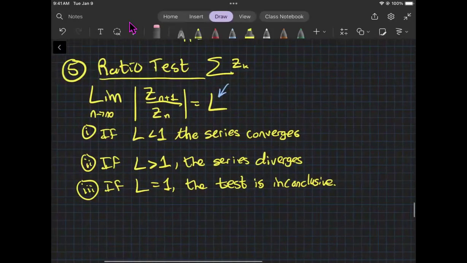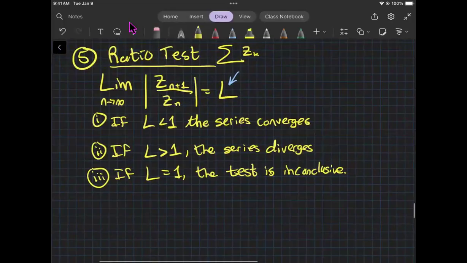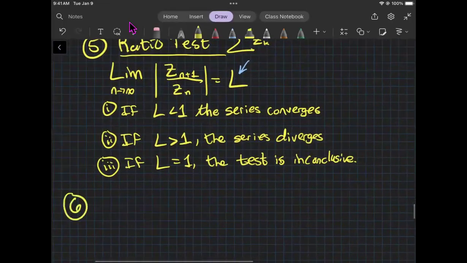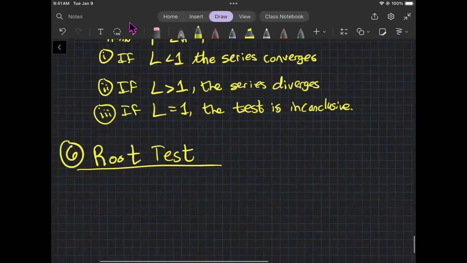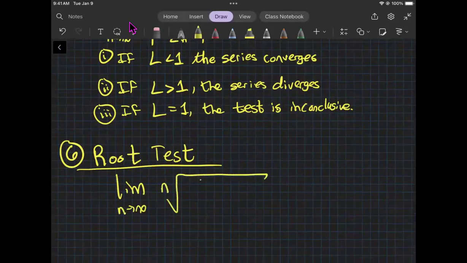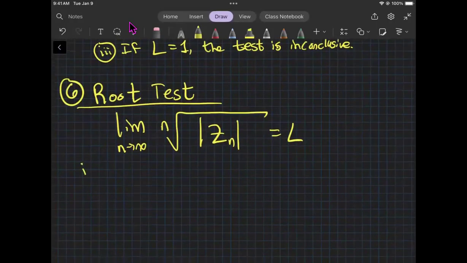I'll also say the last test that I'll write out is the root test. The root test, okay? And this looks at the limit as n goes to infinity of the nth root of the absolute value of z sub n. And if this equals L, let's say, right? Okay.